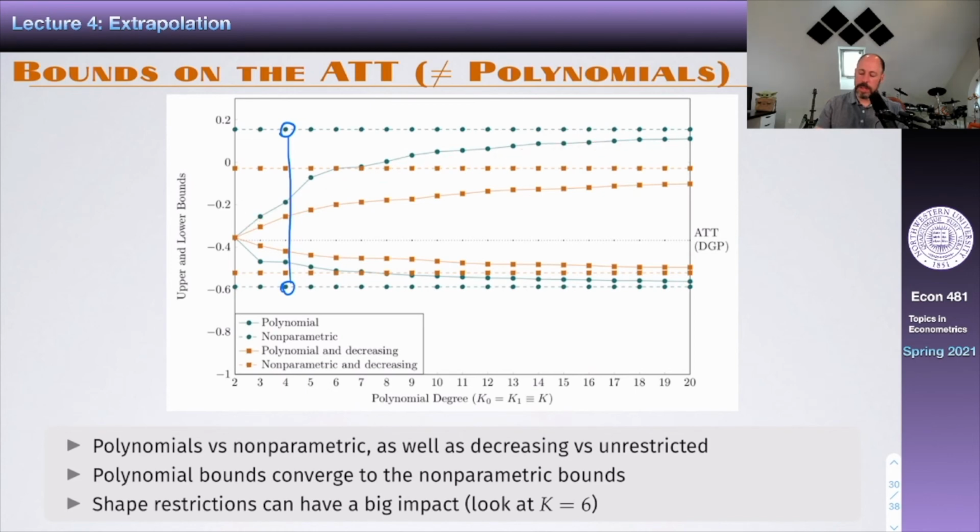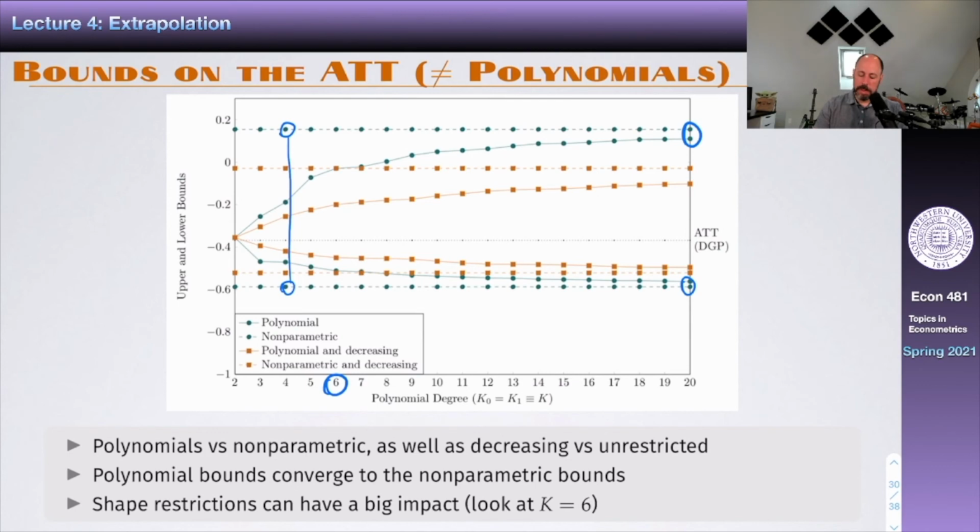And then asymptotically in the number of terms in the polynomial, they will converge to the non-parametric ones.